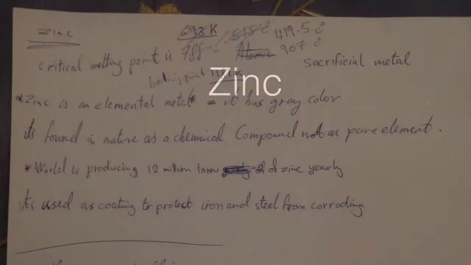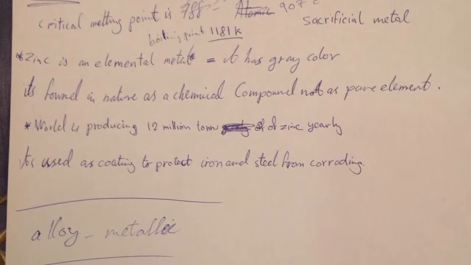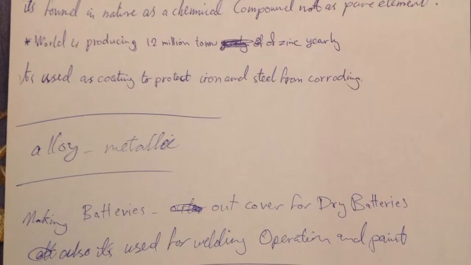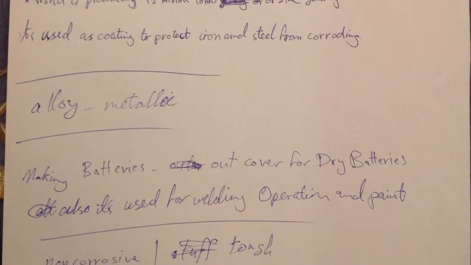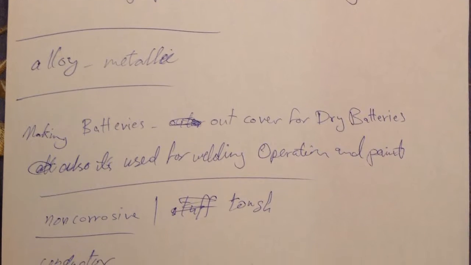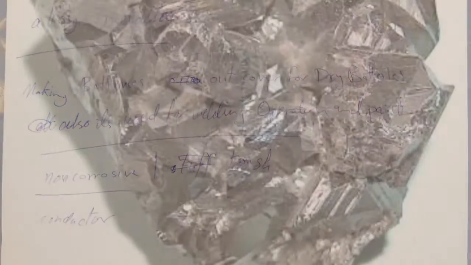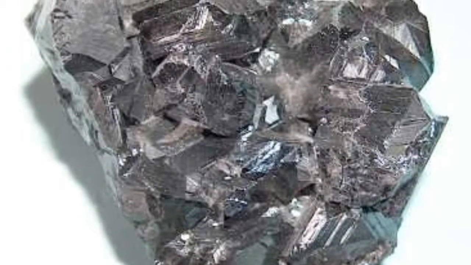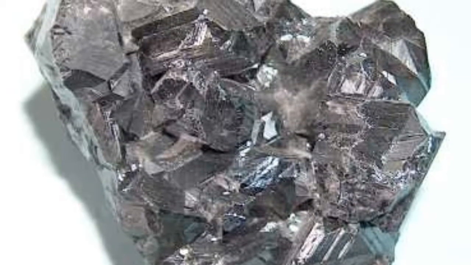The next element is zinc. Zinc is an elemental metal. It has a gray color. It's found in nature as a chemical compound, not as a pure element. The world is producing 12 million tons of zinc yearly, so it's a very important element. It's used as a coating to protect iron and steel from corroding.